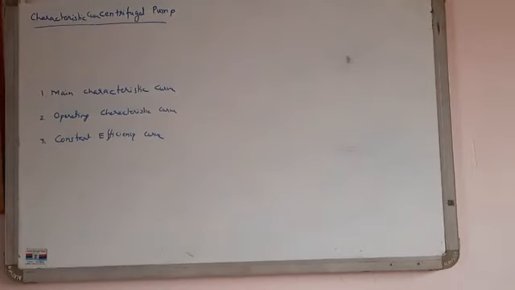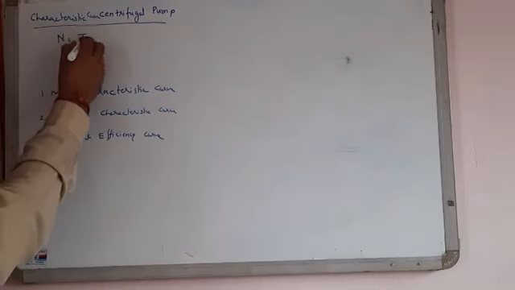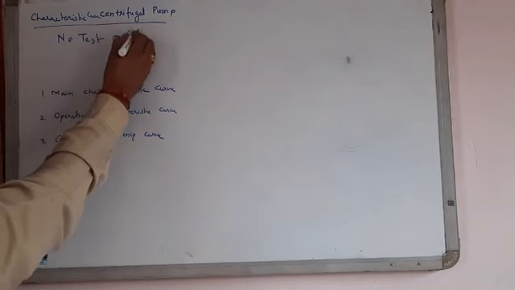Next is characteristic curve of centrifugal pump. Characteristic curves of centrifugal pump are defined as those curves which are plotted from the result of number of tests on centrifugal pump.